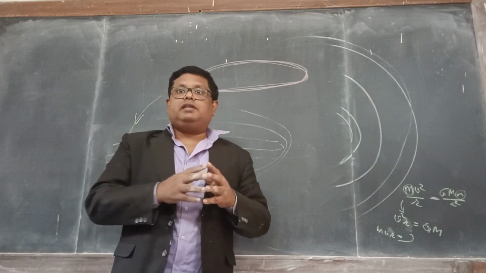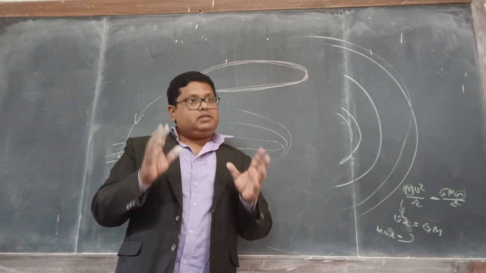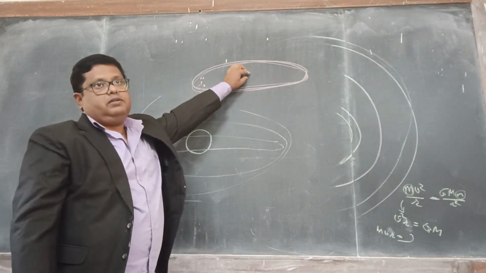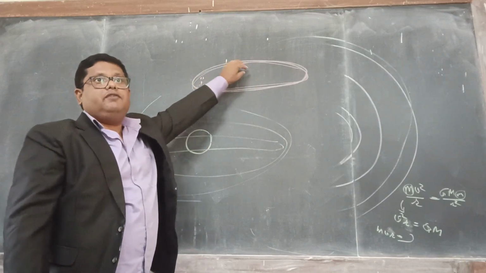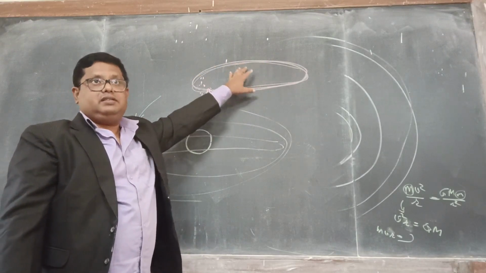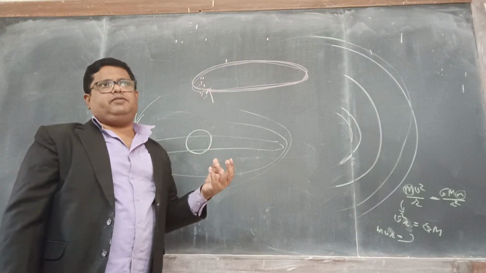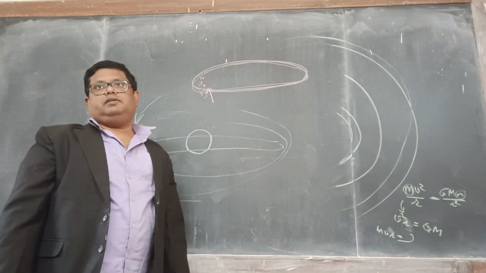Now there is a very important theorem, a sort of instability, which says that if a plasma revolves in a circular orbit, like this example, and there is even a very small magnetic field, then this accretion disk will be unstable.